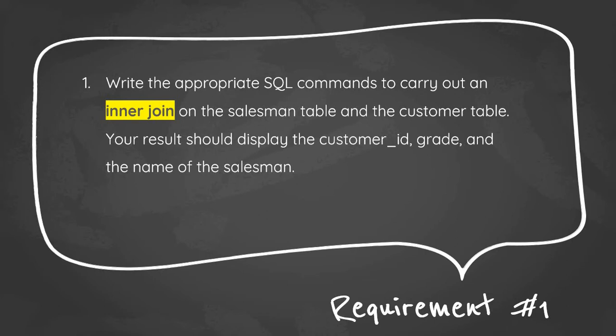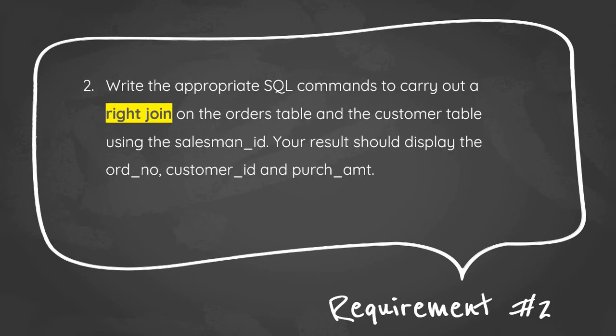The second requirement is to write the appropriate SQL commands to carry out a right join on the orders table and the customer table, using the salesman ID. Your result should display the order number, customer ID, and the purchase amount.